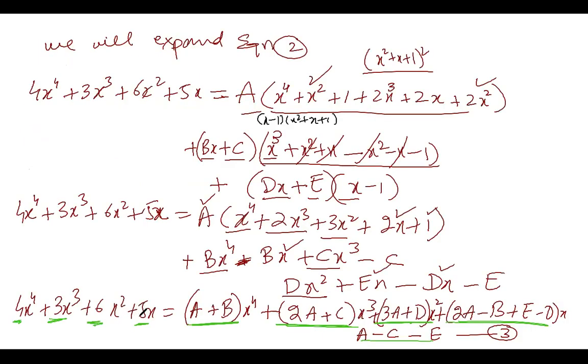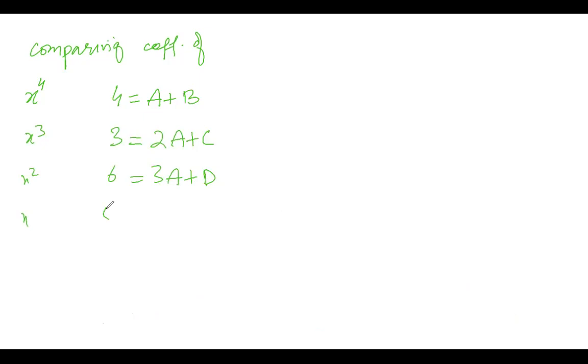And for x, 5 is equal to 2a minus b minus d plus c. For the constant, there is no constant on the left, it means 0, and that is equal to a minus c.